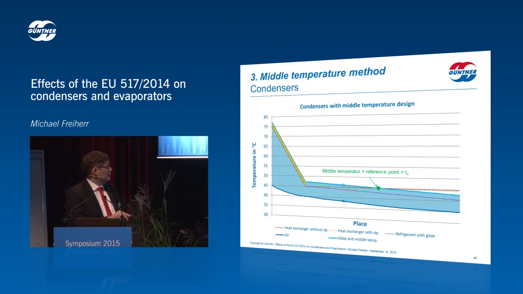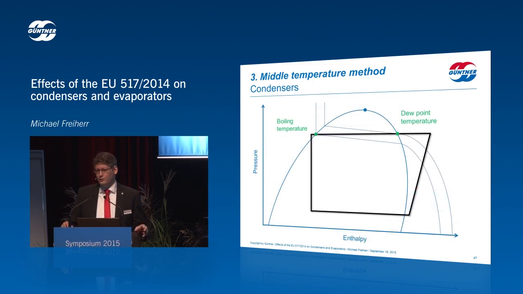As a consequence, well, here we had 45 degrees, which we shift to the mean area, to the central area. The dew point temperature will be slightly higher. In the desuperheating area, our delta T will be slightly bigger as well. So with this design, our capacity will be slightly higher than with one component refrigerant.